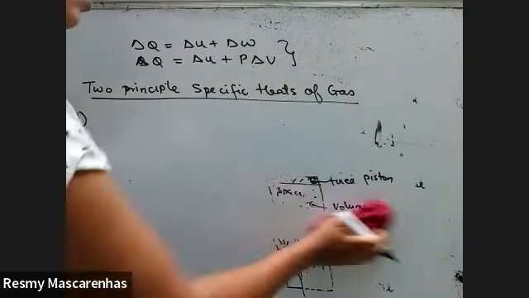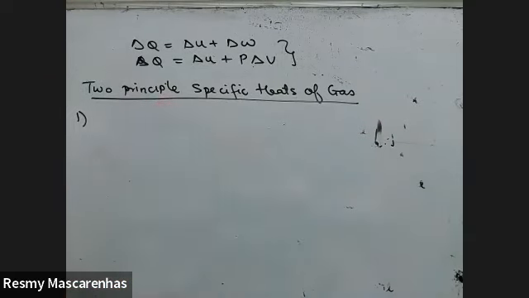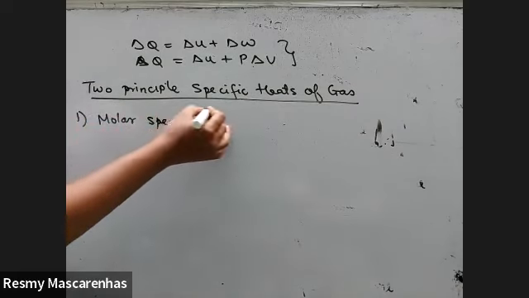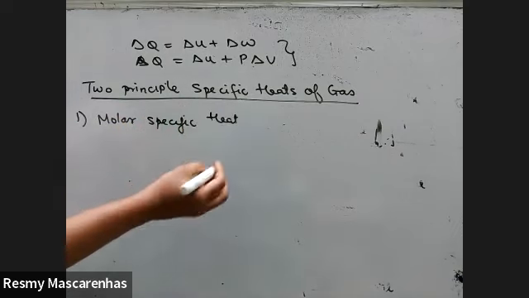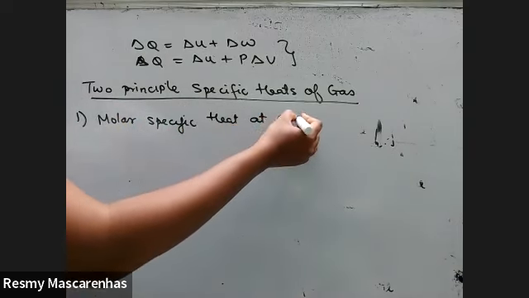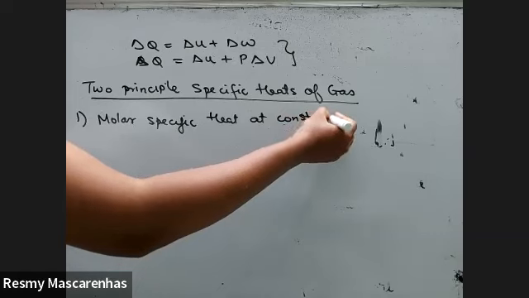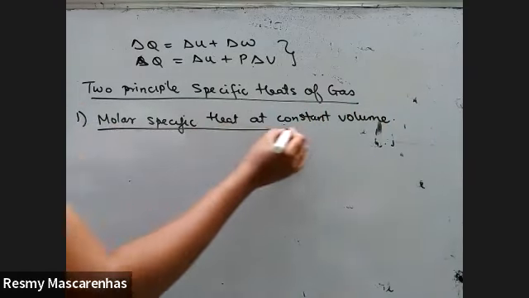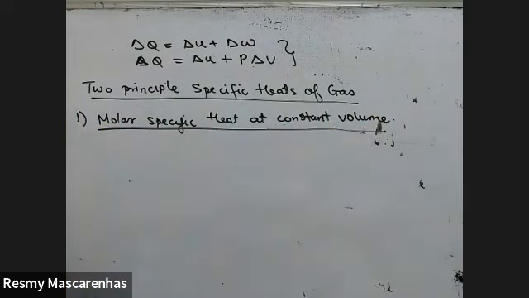So based on these two definitions, the first one is molar specific heat at constant volume. I'll write the definition; if you read it, it's automatically understood.